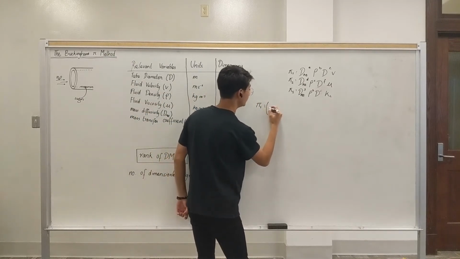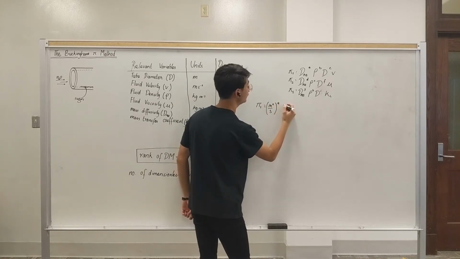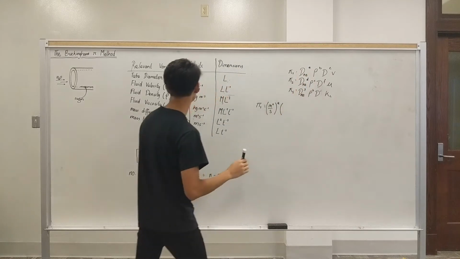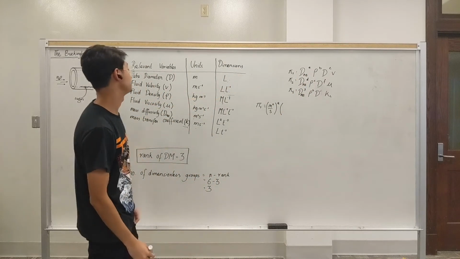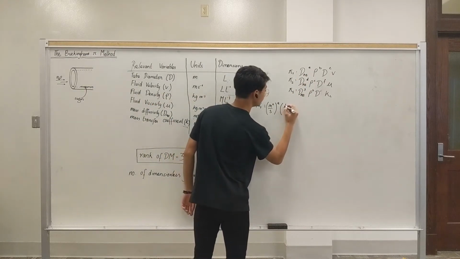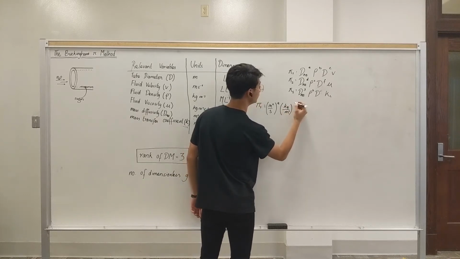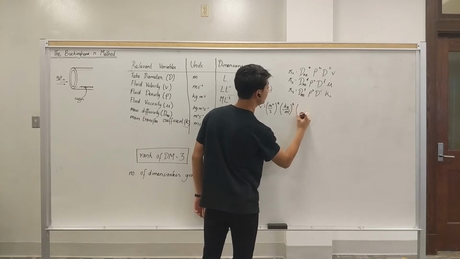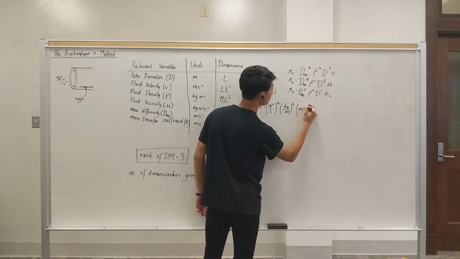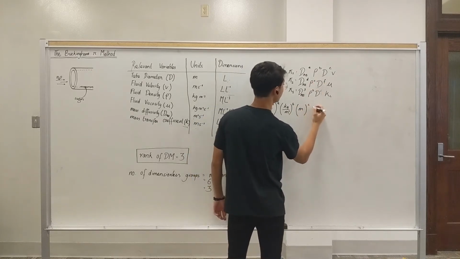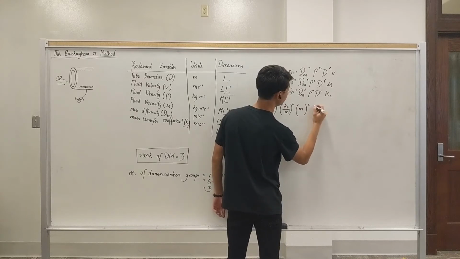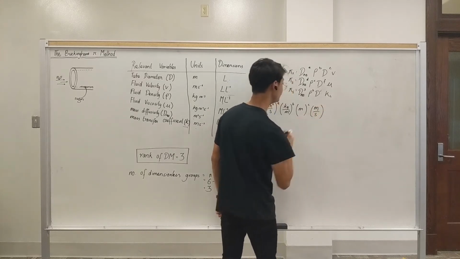So that's meters squared divided by second, raised to the power of A. And then density, which is kilograms per meters cubed. So that's kilograms divided by meters cubed, raised to the power of B. Diameter is simply meter raised to the power of C, and velocity is meters per second.